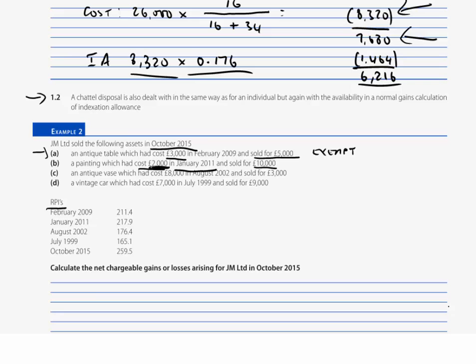Okay, hopefully on the disposal of the painting therefore, you discovered an actual gain after indexation allowance of £7,618, and when you applied the maximum gain calculation, which again I trust you remember, 5/3 times, in brackets, 10,000 minus 6,000, gross proceeds minus 6,000 limit.